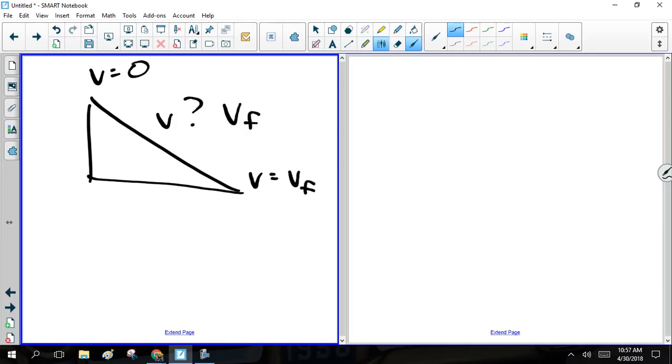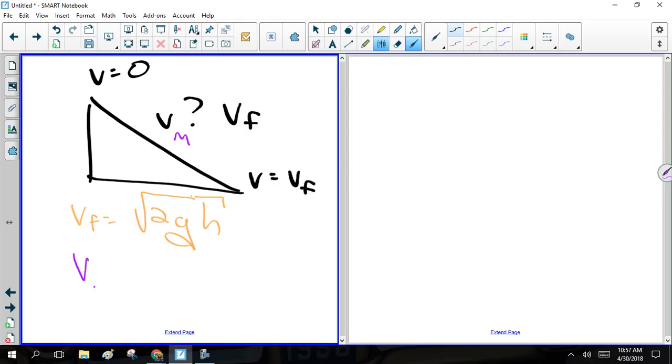Yeah, so in terms of energy, it would be this. So our VF is the square root of, what was it, 2gh, right? Whereas this V, let's call this VM, as in V at the middle.